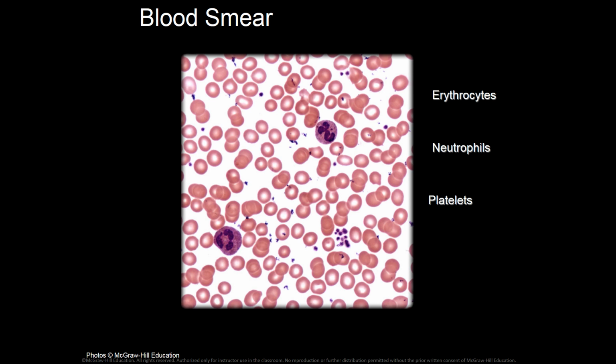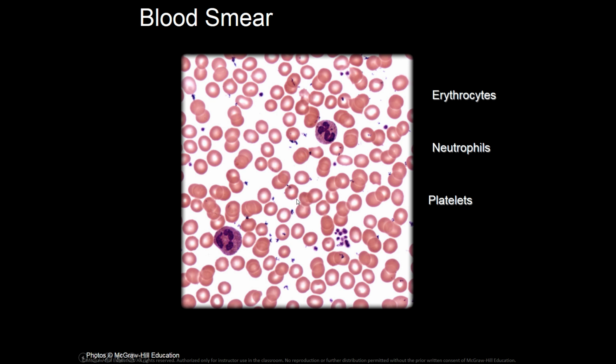This is a micrograph through light microscopy of the red blood cells. So what you can see here are these circular cells that have this red edge. This will be the erythrocytes.